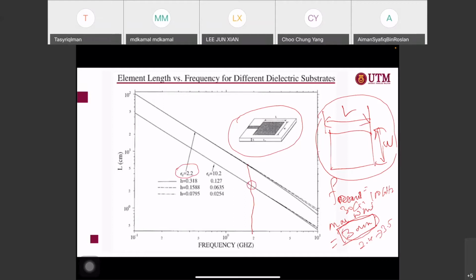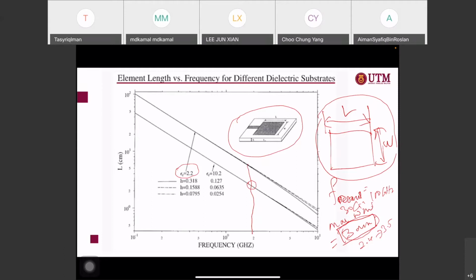It shows that if you want to make your antenna smaller, what you need to do is increase the substrate of your antenna itself, right? So this is one of the important things.